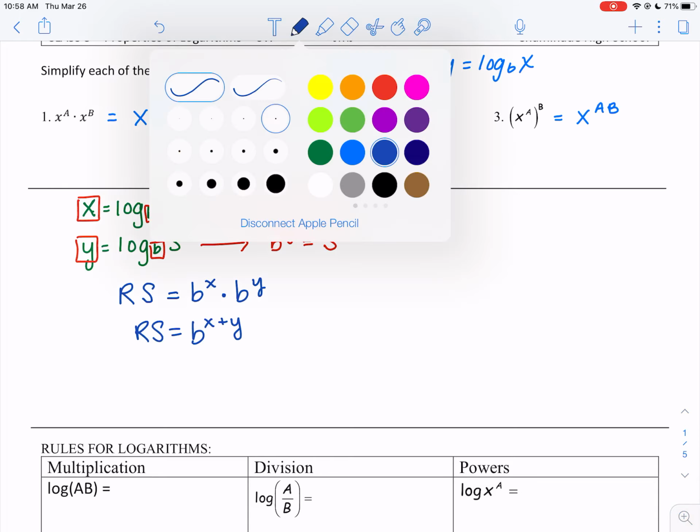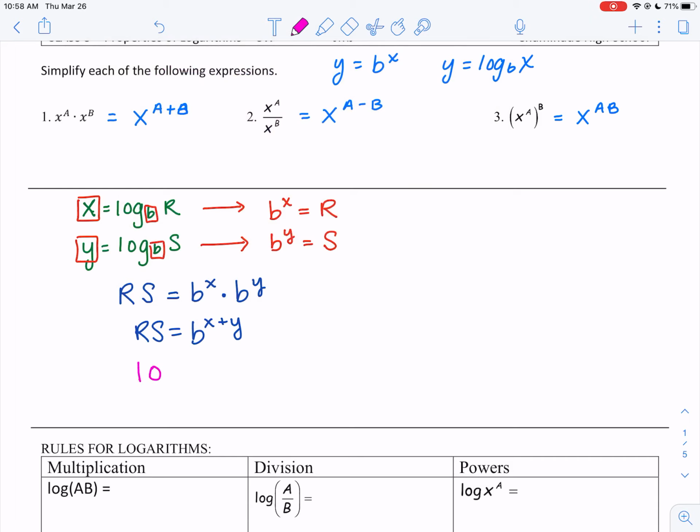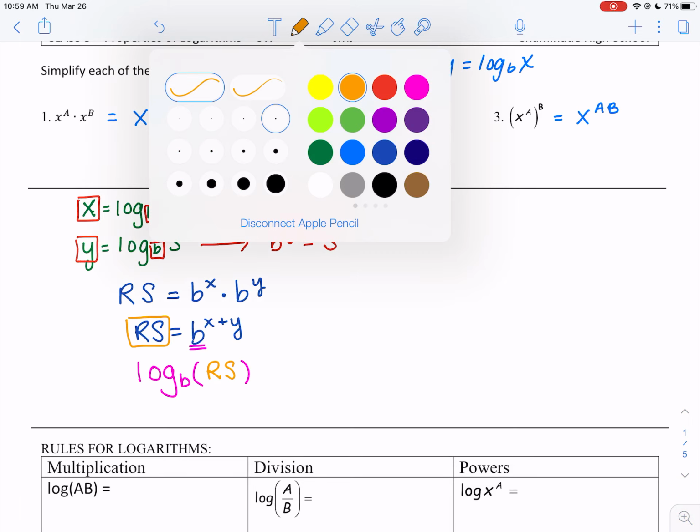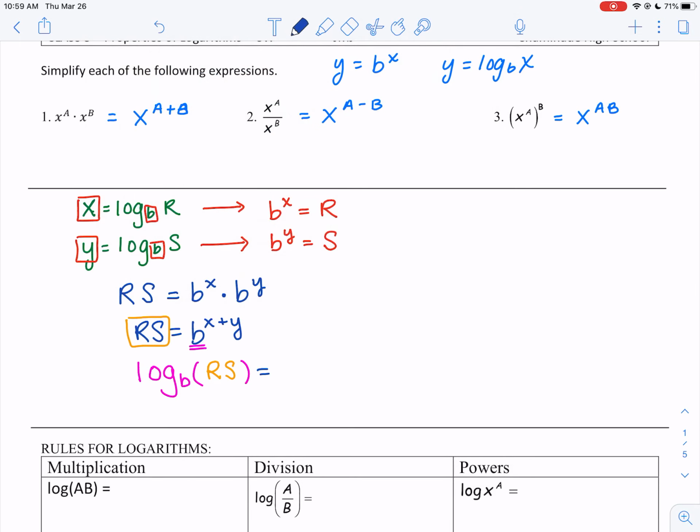What if we were to take this equation and write it in logarithmic form? Note that our base here is b. We will have the argument on the inside, the number that it was equal to, which will be rs, and it's going to equal your exponent, x plus y. Well, let's think about this for a second.